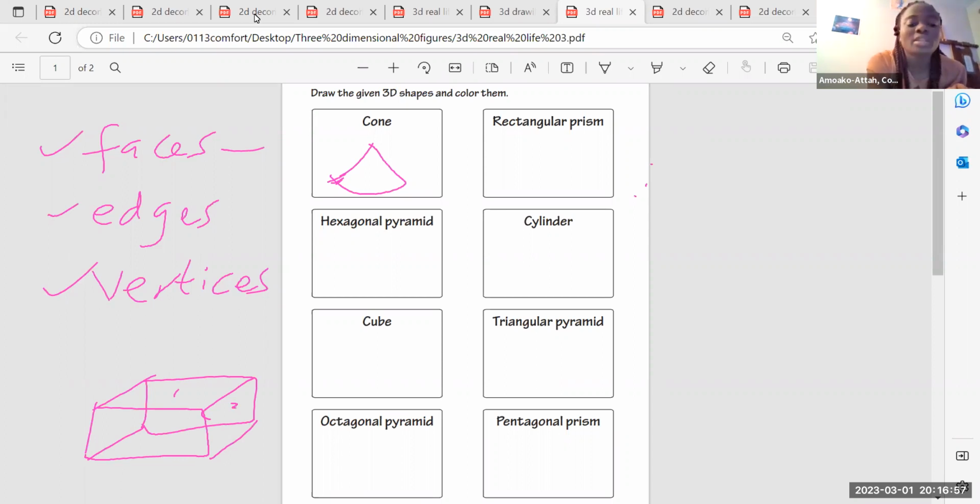So this would be another topic of discussion, okay? But I just want to give the intro. That will be my next lesson on how to find the faces, edges, and vertices, all right? Of figures or solids. So a face is a flat surface. Edges is when two lines meet. Vertices when two or three of the edges meet to form a vertex.